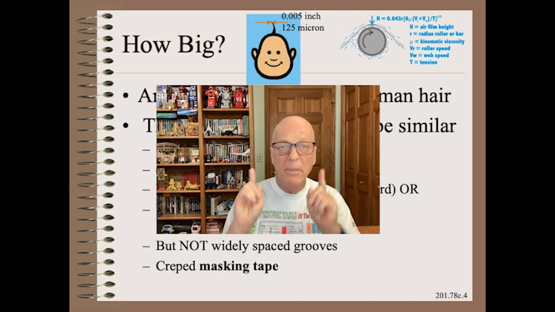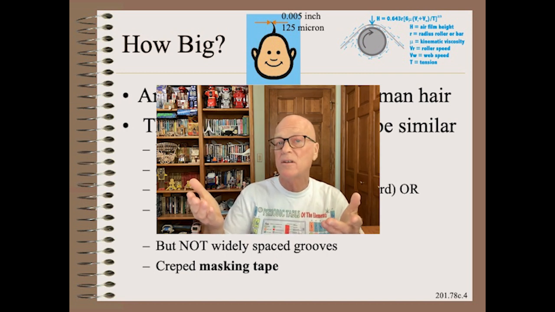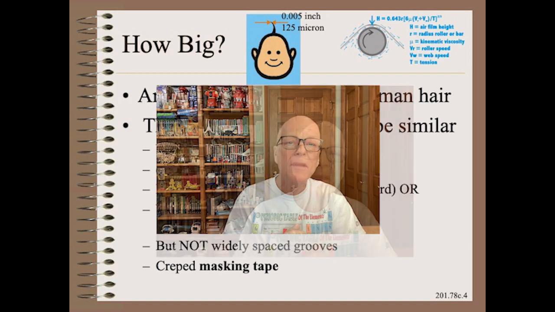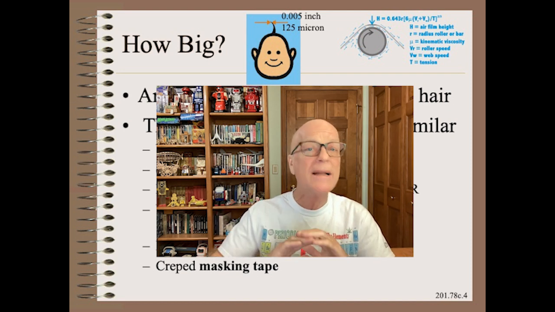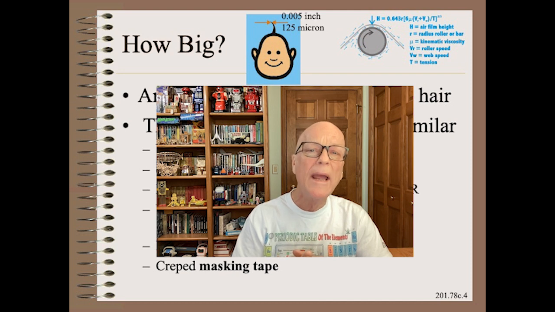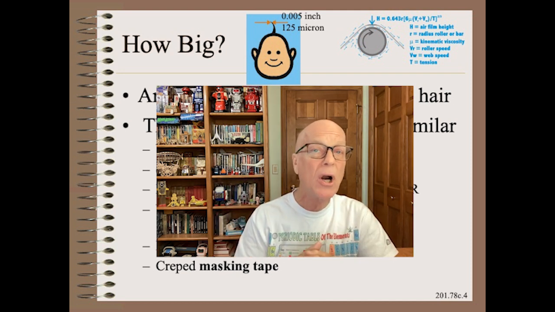Note, beware of widely spaced grooves because most of the surface is smooth and unable to park air. One field treatment is to use masking tape, applied in any neat pattern you wish. The crepe of the tape has more than enough volume to park the incoming air.